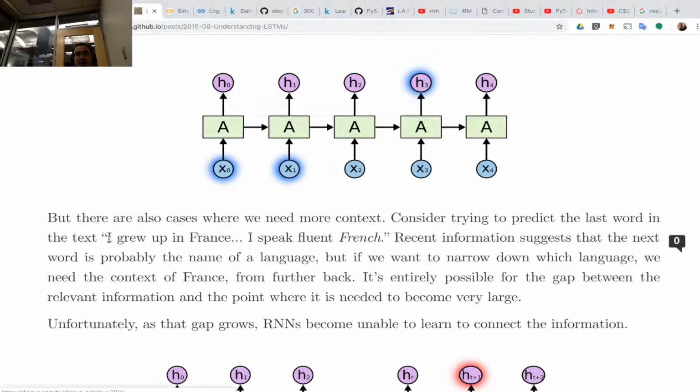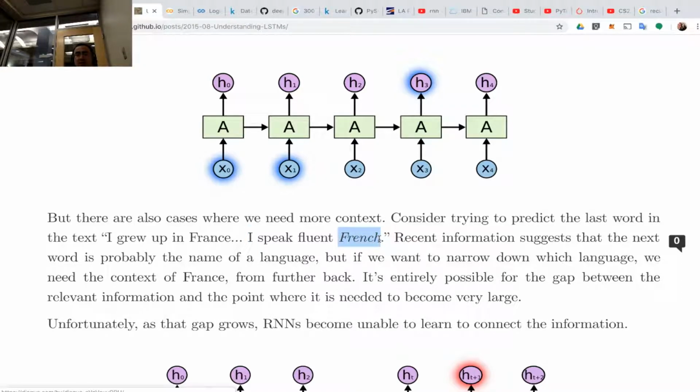If this is x0 and then x1, x2, x3, x4, whatever, and then again x5, x6, x7, you just have to go back about seven steps in the historical data to predict the next word.